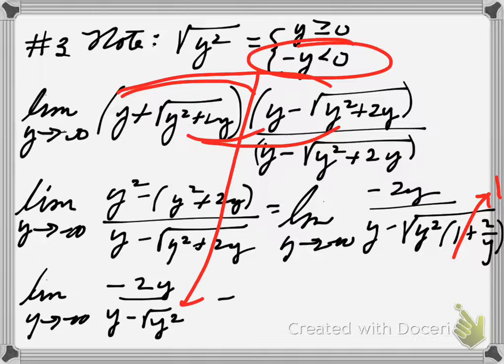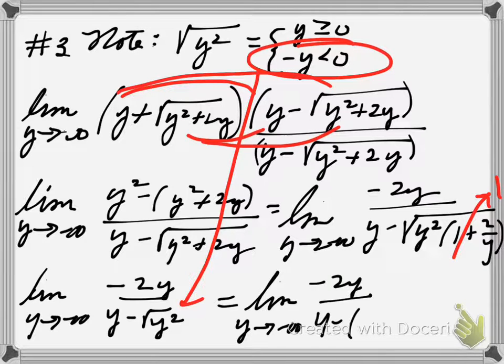And so that is equivalent to saying negative 2y over y minus a negative y, which would be 2y. Y minus a negative y would be 2y. And negative 2y divided by 2y is negative 1.